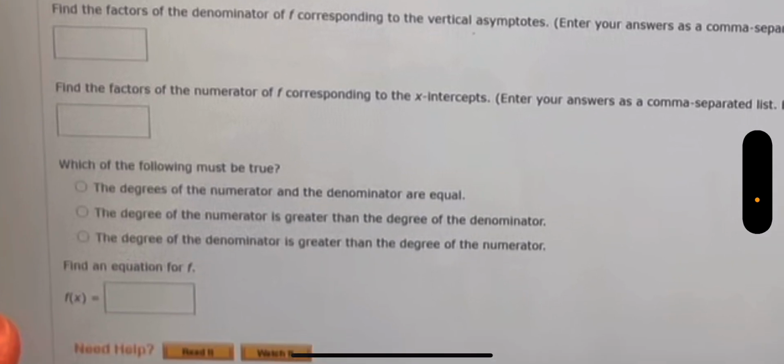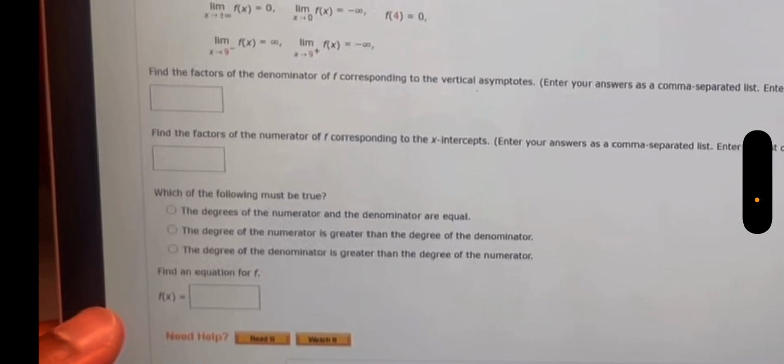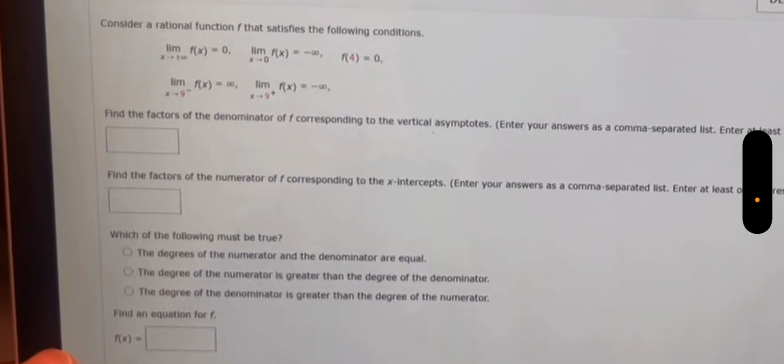Which of the following must be true? The degree of the numerator and degree of the denominator are equal. Degree of the numerator is greater. The degree of the denominator is greater. I think it's the degree of the denominator is larger than the degree of the numerator, right? So let me go ahead and mention the 3-prong test from college algebra for finding horizontal asymptotes.